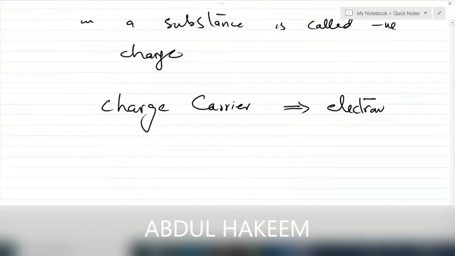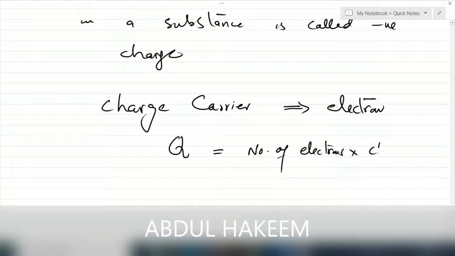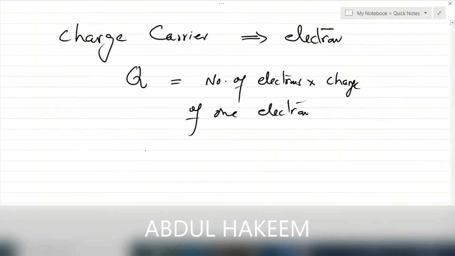Now, the charge Q, that's why, is equal to number of electrons multiplied by charge of one electron. So Q is equal to N times E. E is the charge of one electron.